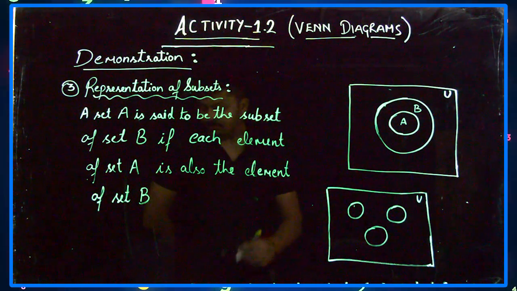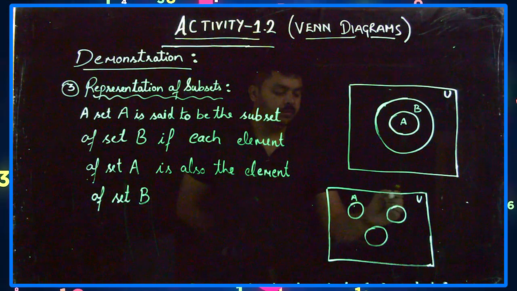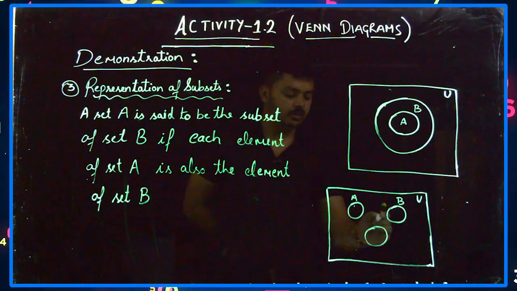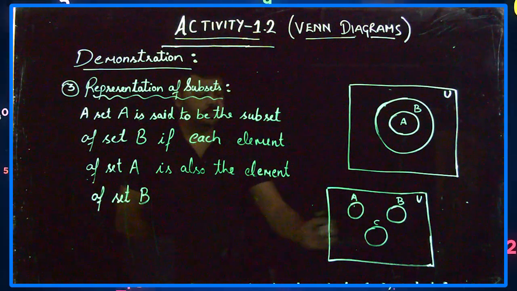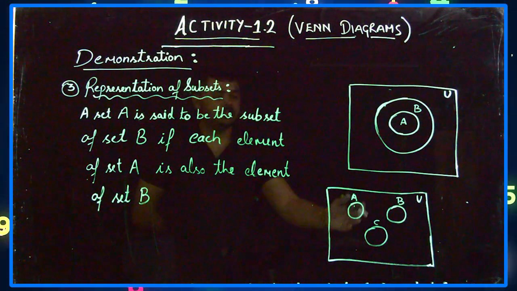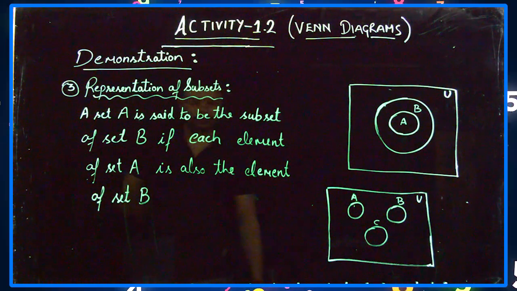Suppose this is set A, set B, set C. So we can say set A, set B and set C are the subsets of universal set U.